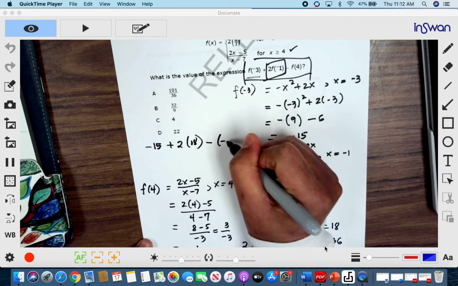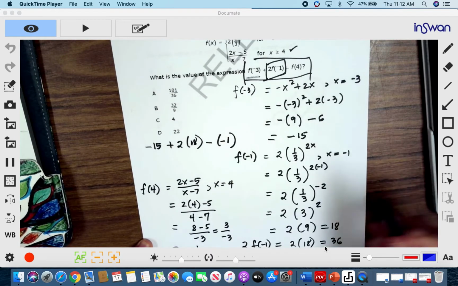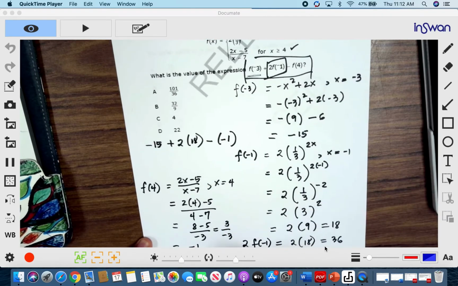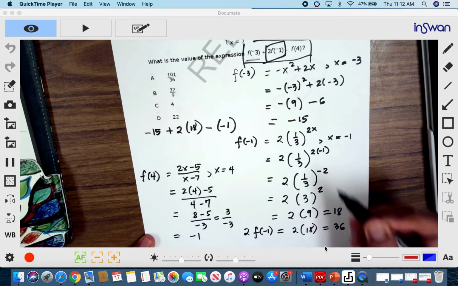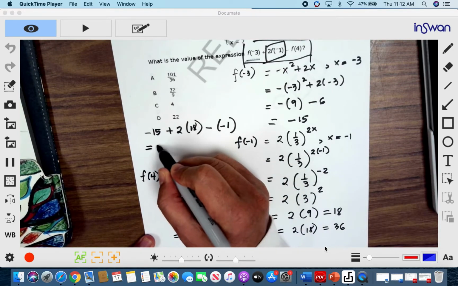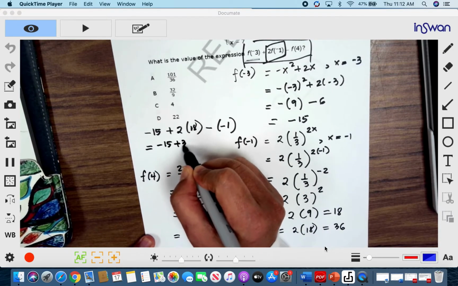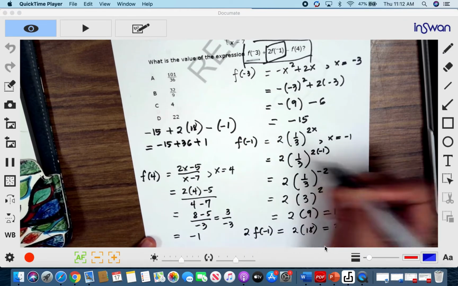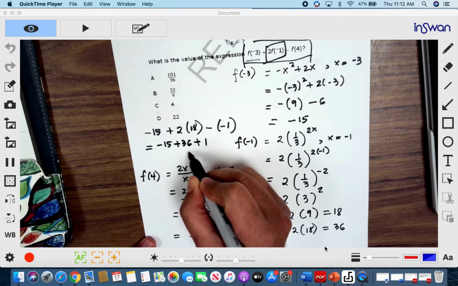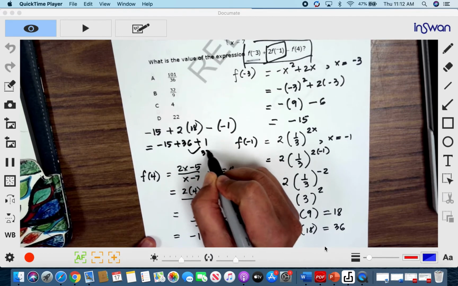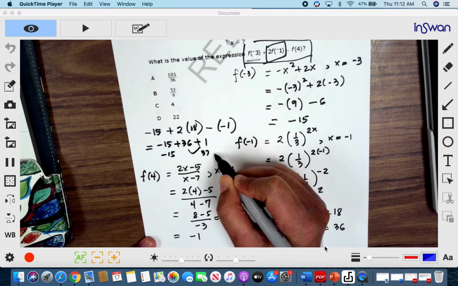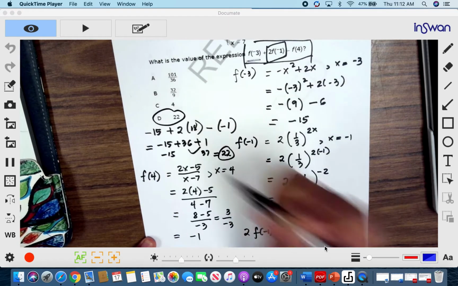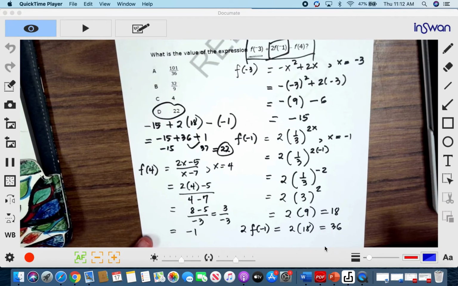Do not forget the -1, because you are subtracting f(4), and f(4) is -1. So this is now -15 plus 36 plus 1, because negative times negative is positive. You have 37 and -15, which gives us +22. Therefore, our answer is letter D.